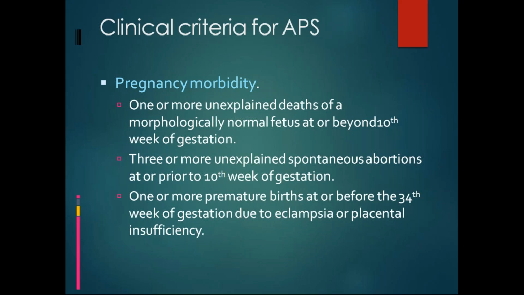Three or more unexplained spontaneous abortions at or prior to the 10th week of gestation. Then you have to remember that there are three or more unexplained spontaneous abortions of a normal fetus before the 10th week of gestation, and one or more premature births at or before the 34th week of gestation due to eclampsia or placental insufficiency. You have to remember this clinical criteria.